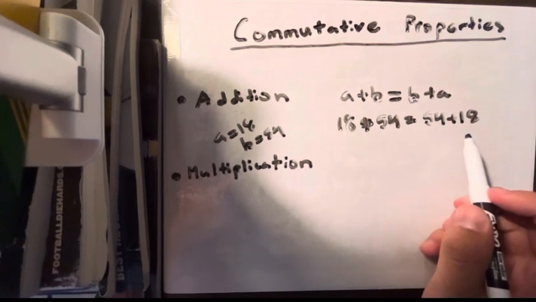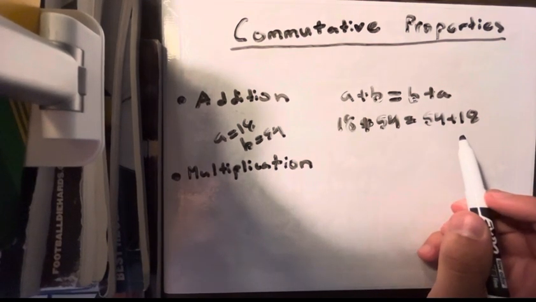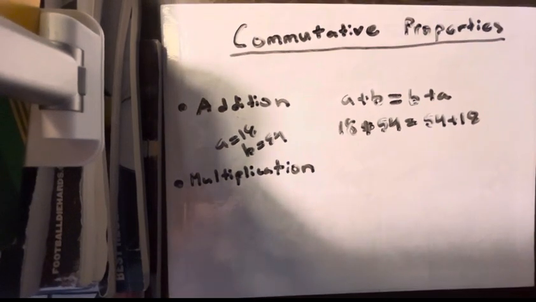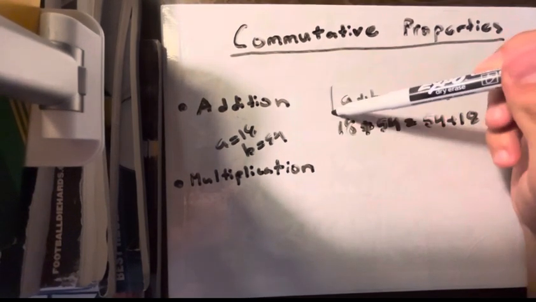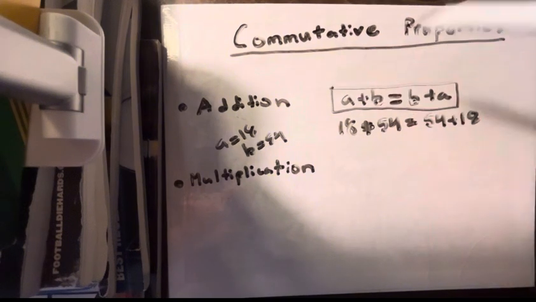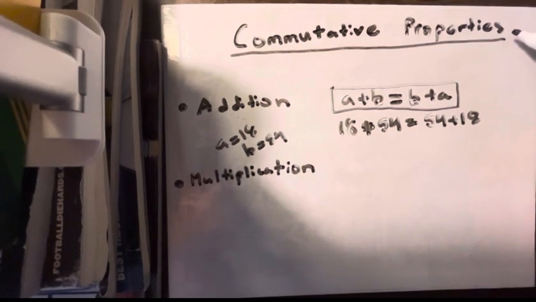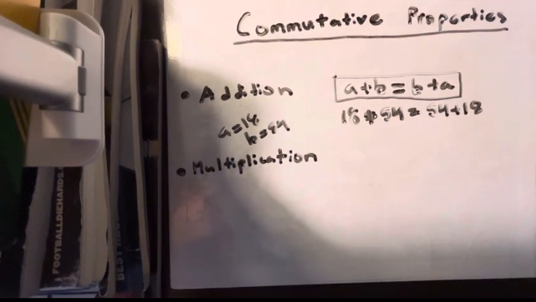These are both going to simplify to the same number, and that is essentially the commutative property. So this is what you're going to want to know, and you're going to try to identify the property, and you're also going to try to use the property to find certain values. That's all we're doing in this lesson.